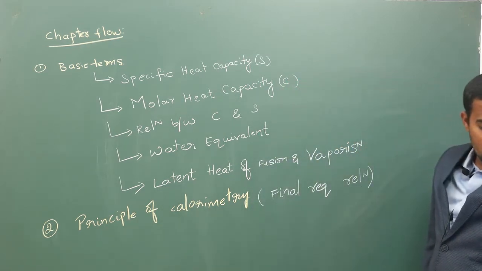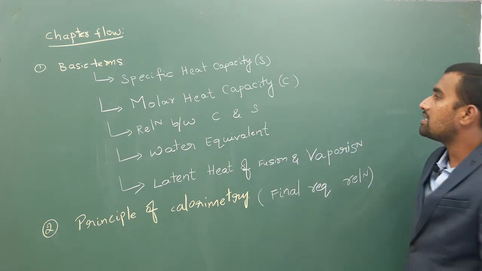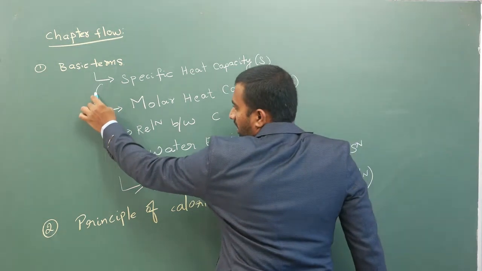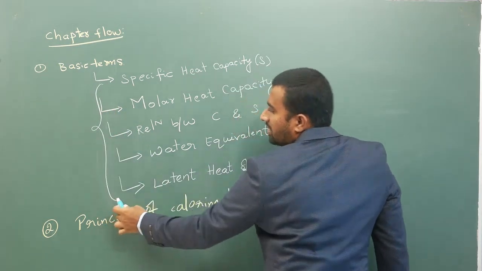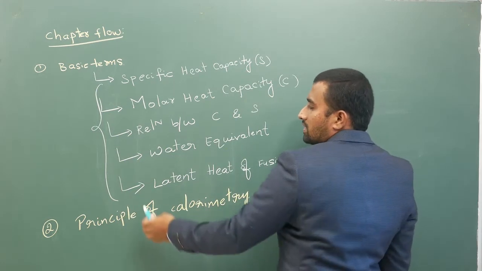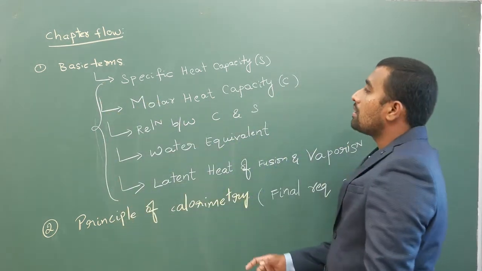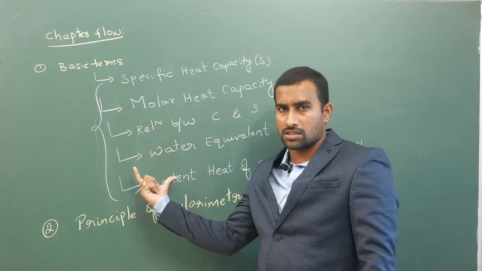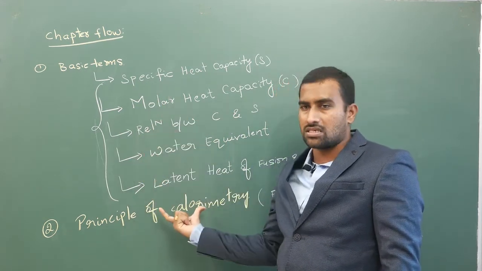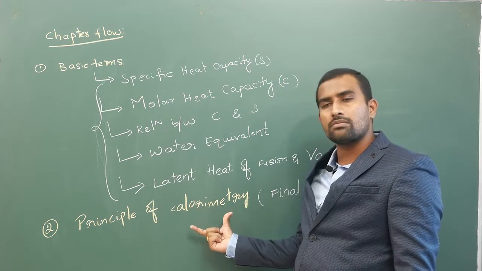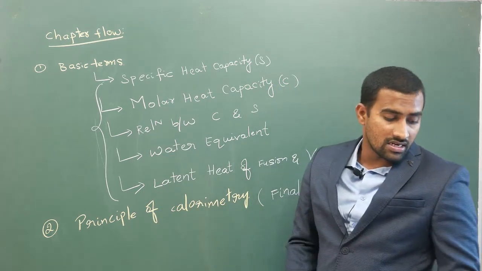I am going to define each and every term with explanation in detail, all this part first. Once you get to know this, using these terms we'll calculate the principle of calorimetry relation.